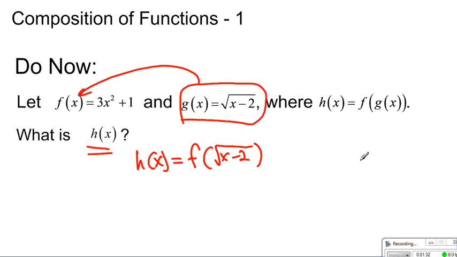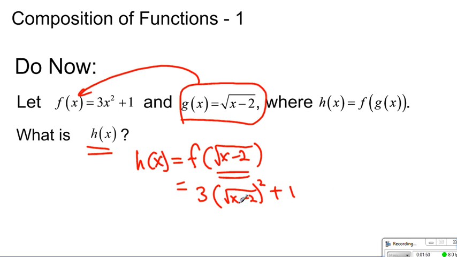All right, now, in this given context, this expression has to go in place of x to figure out the rest. So this becomes 3 times square root of x minus 2, whole thing squared, plus 1.